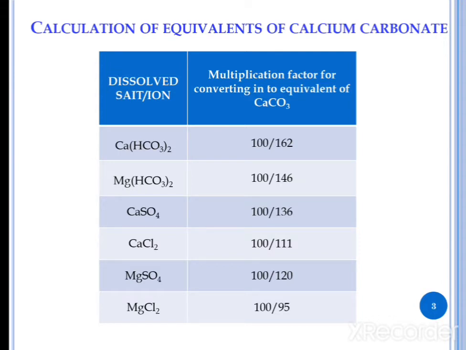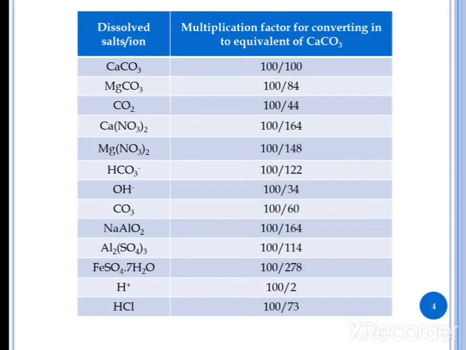If it is calcium bicarbonate, then you must know that the molecular weight of calcium bicarbonate is 162 and the molecular weight of calcium carbonate is 100. So the multiplication factor for the calcium bicarbonate salt or ion is 100 by 162. Similarly, so on.